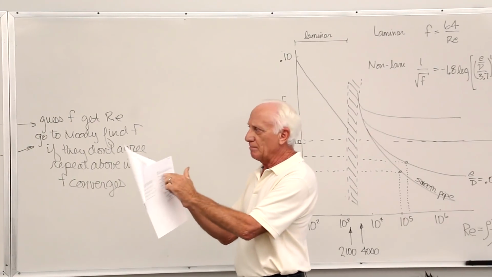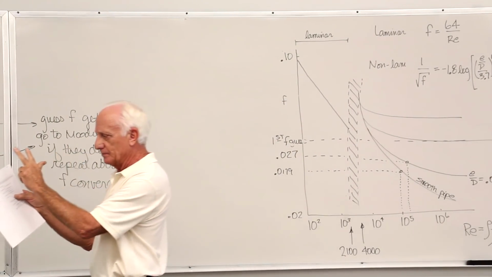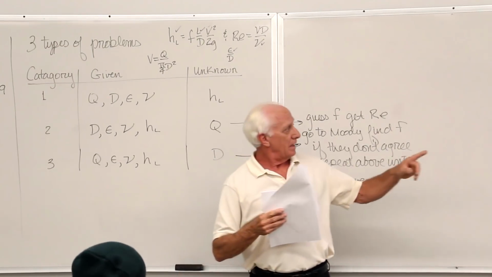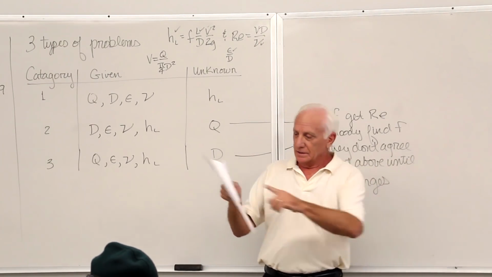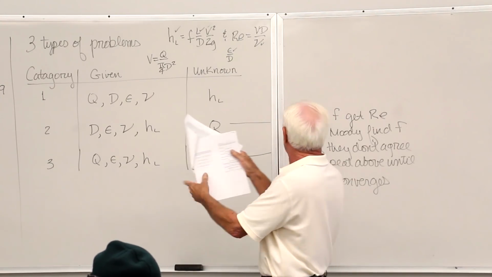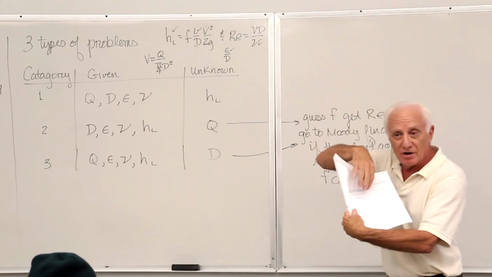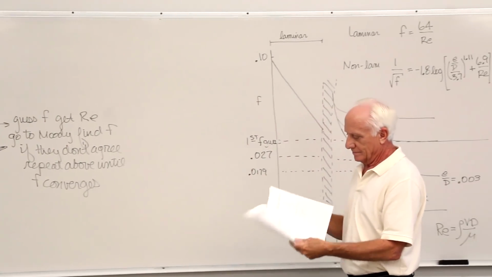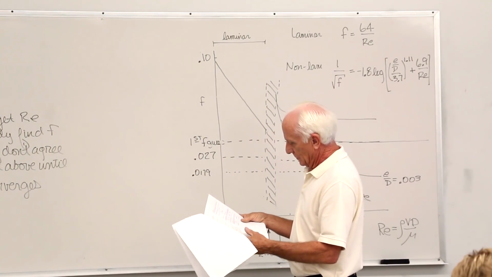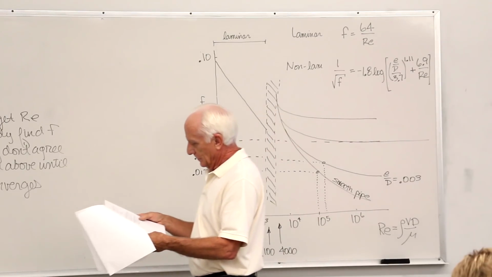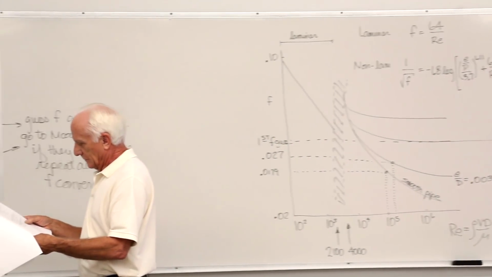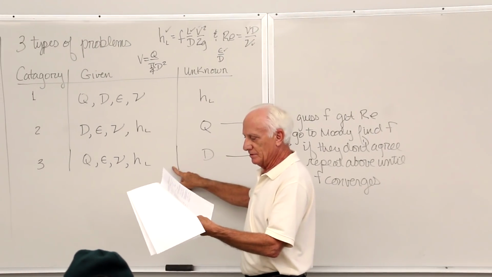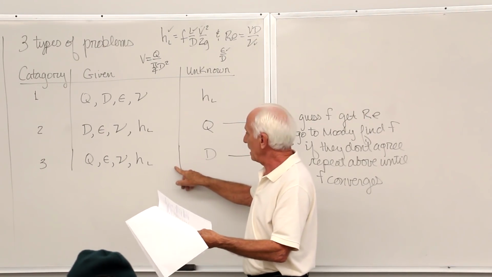And then, the examples I gave you, I gave you 3 examples. First of all, they work it by guessing and the Moody chart. Second of all, they work it by the equations on here. This category problem, for instance, this example 713, they solve for what?